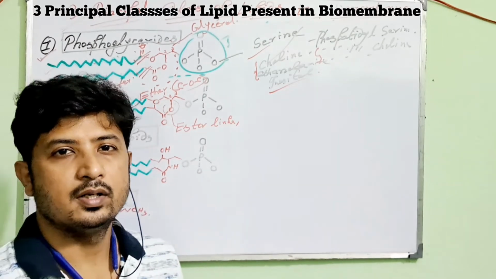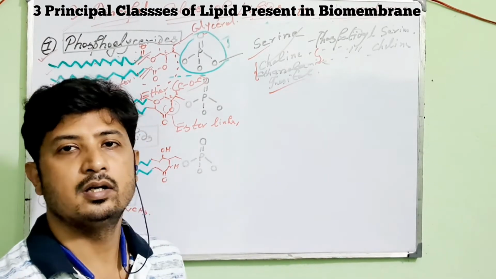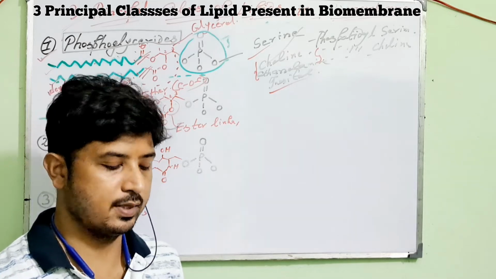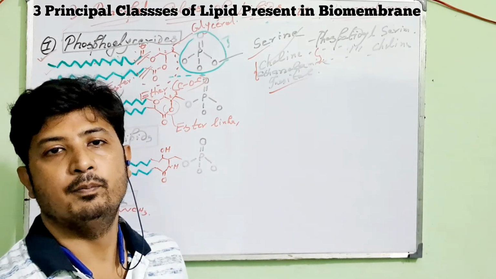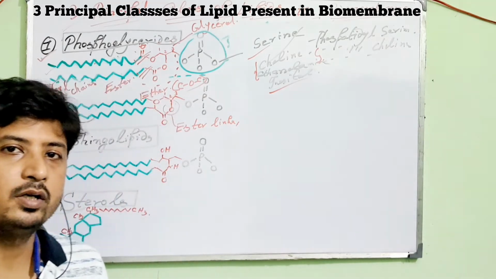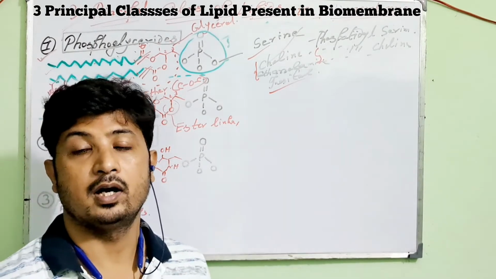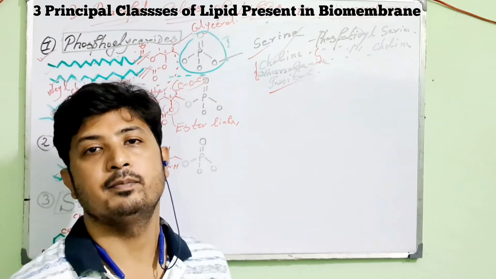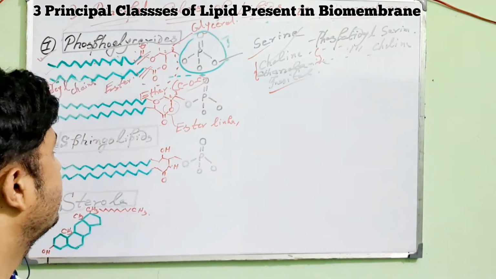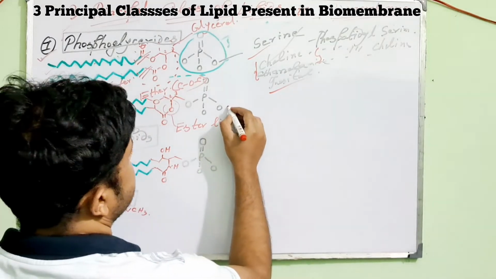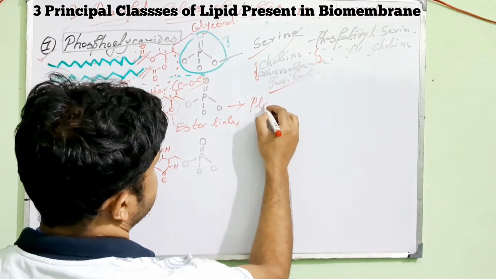Now, interestingly, ether linked lipids are more stable and more tolerant towards adverse conditions. So this kind of lipid is present in heart and brain cells. Okay, and this has a name, plasmalogens.